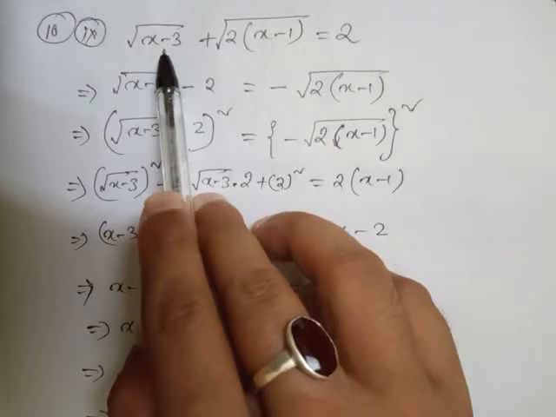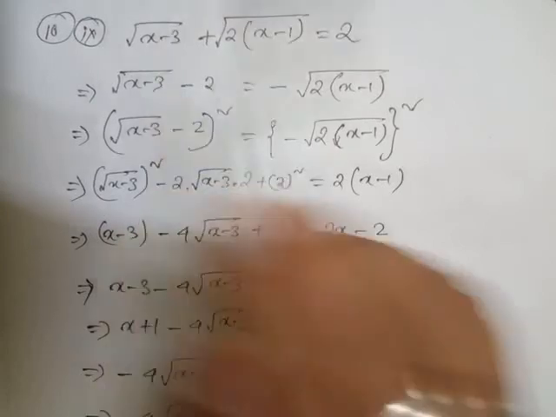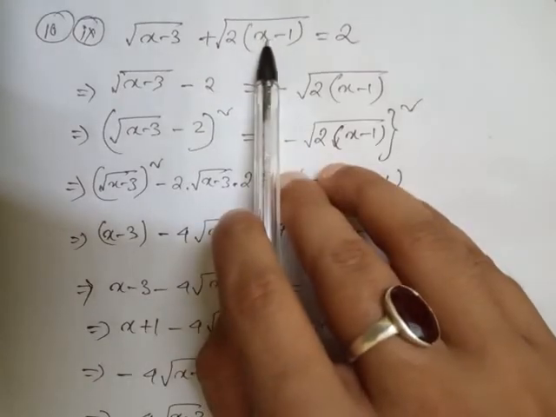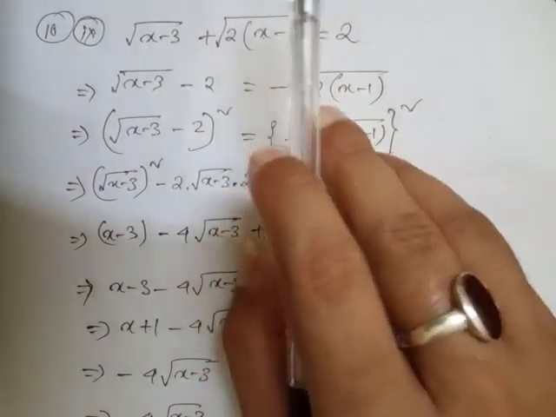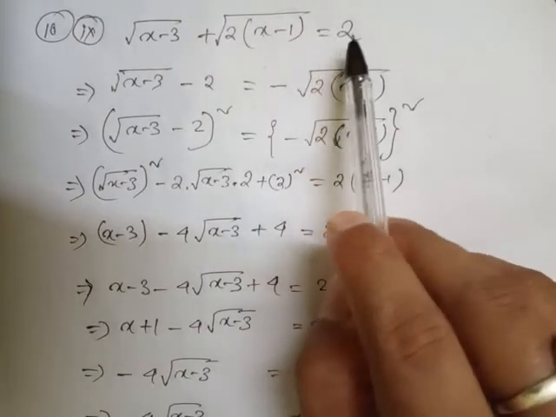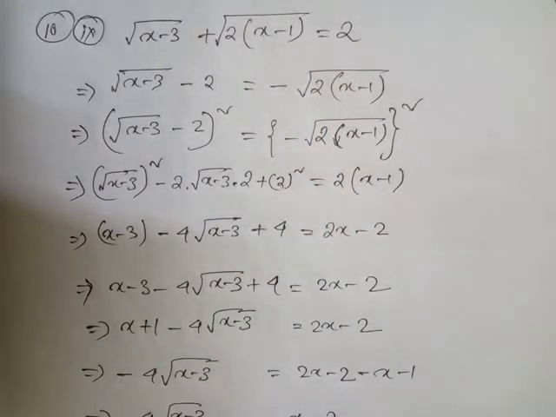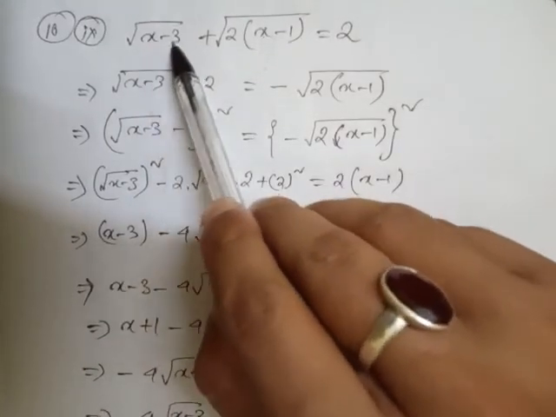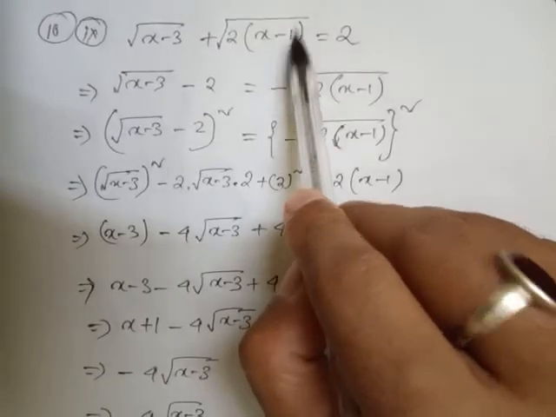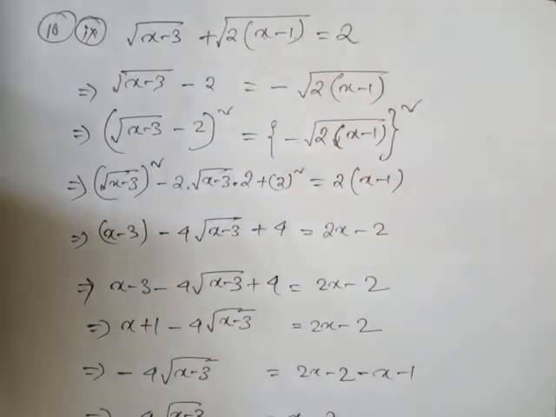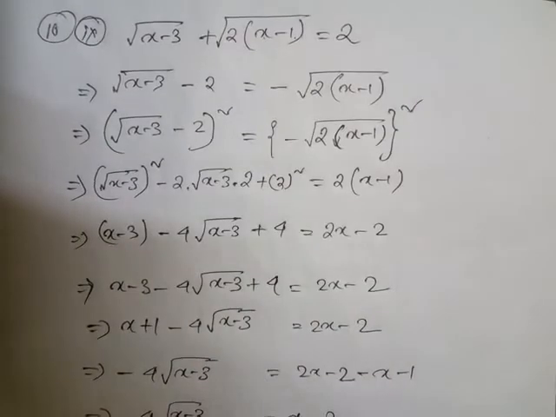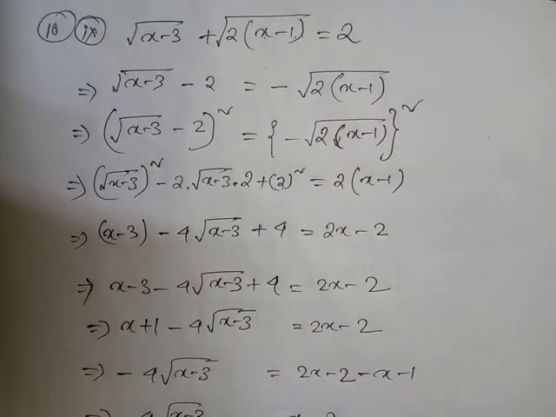Now 16 means 4 squared, and 36 means 6 squared, 4 plus 6 is 10, which is not satisfying this equation. But if I put 3 here, 3 minus 3 is 0, 3 minus 1 is 2, 2 into 2 is 4, which is 2 squared, so root gives 2, which means the value of x is 3. I think you have not understood like this, but okay, now I am going to show you this one.